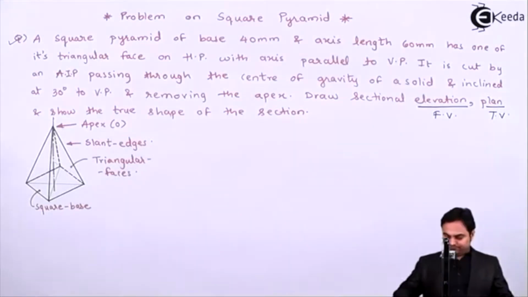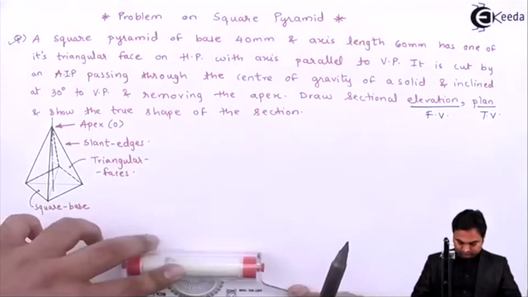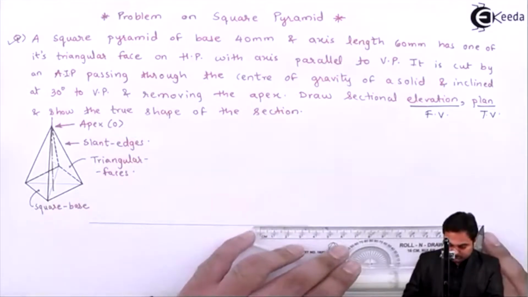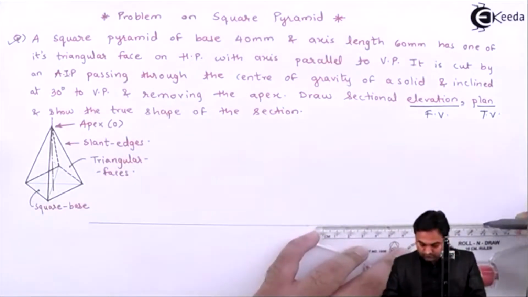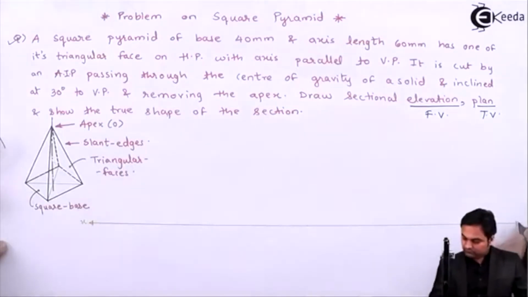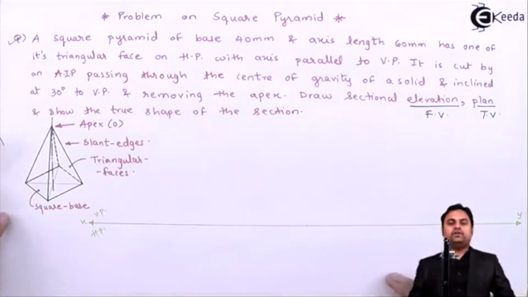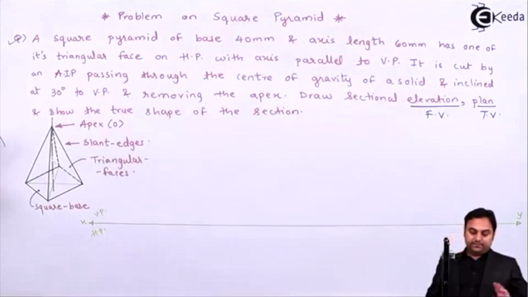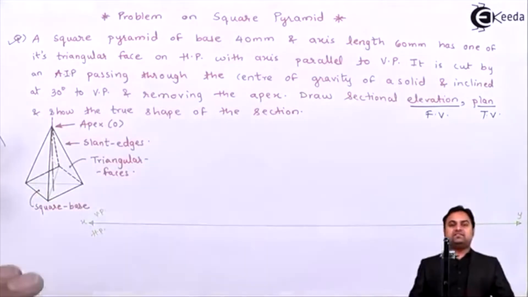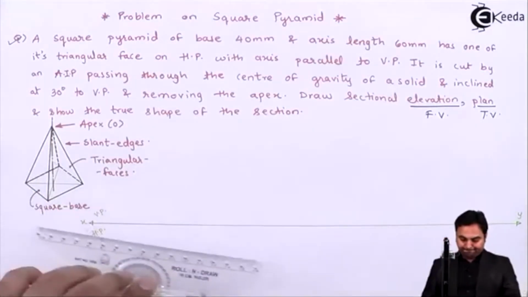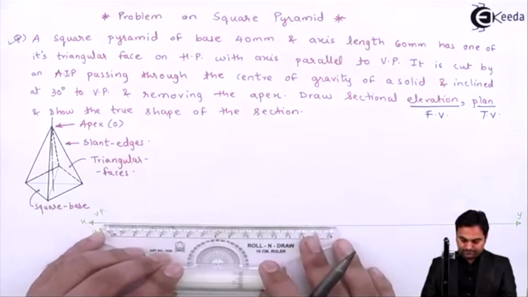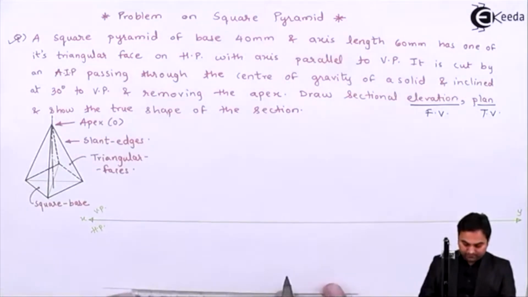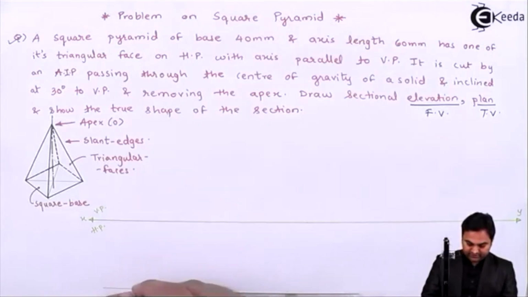So starting with this, that square needs to be drawn in HP. Now square should be drawn in such a way that the pyramid should lie on its triangular face as given in the question. So for that, I'll first draw a light line measuring 40 mm, because that is the side of the square.